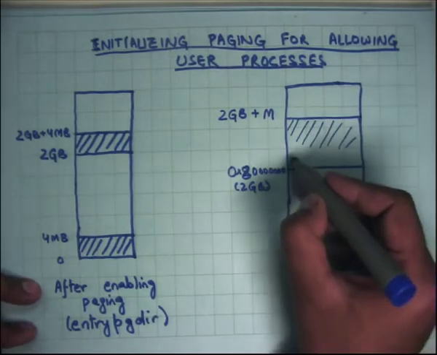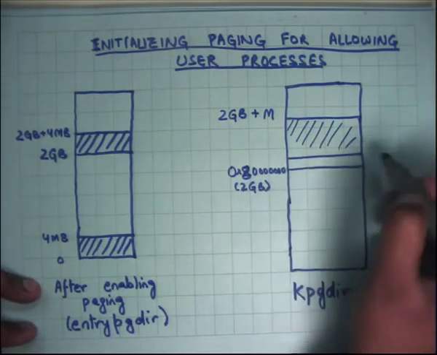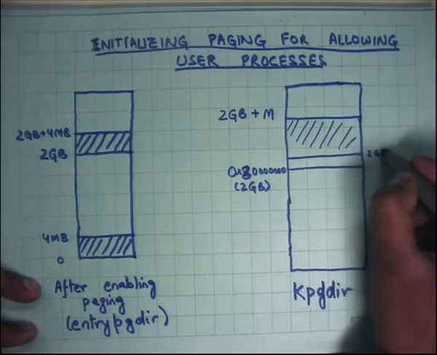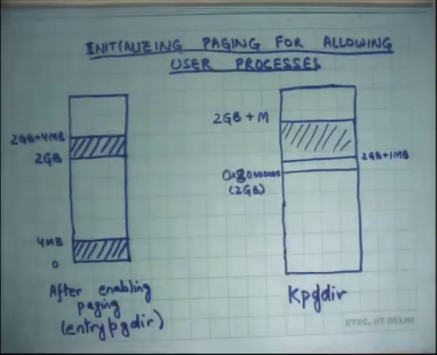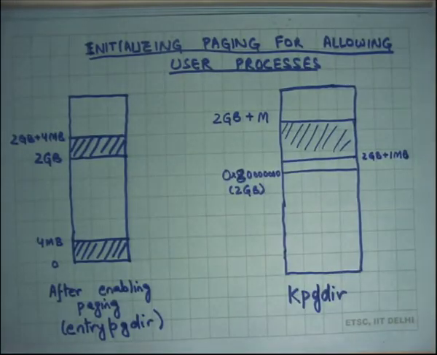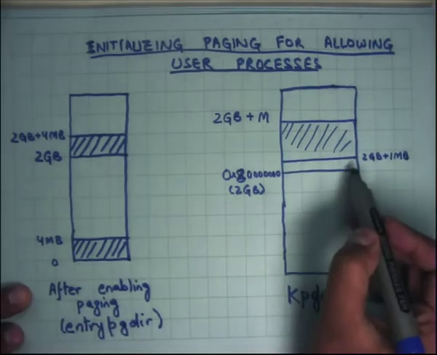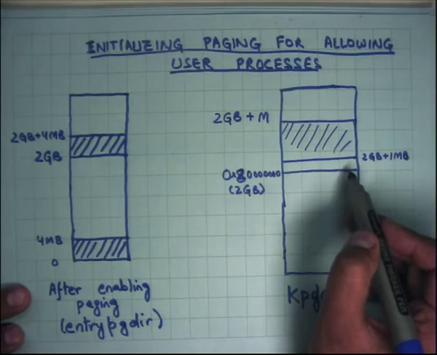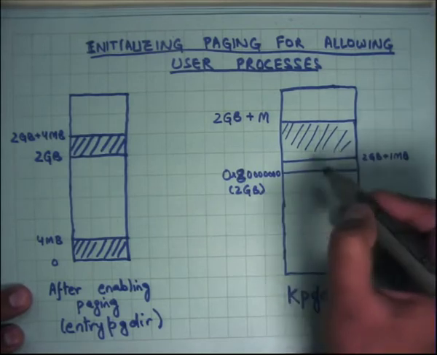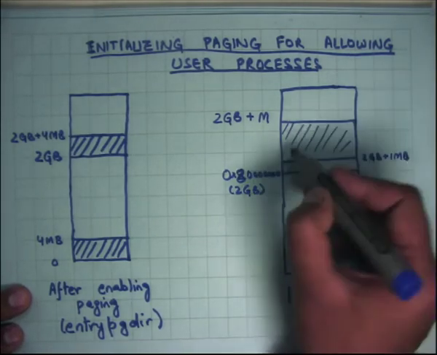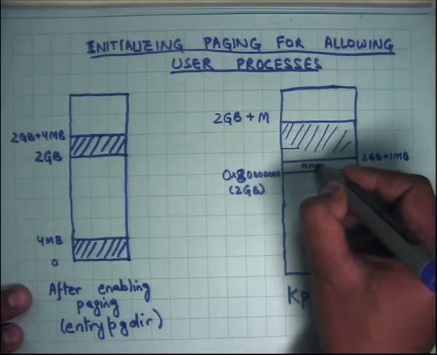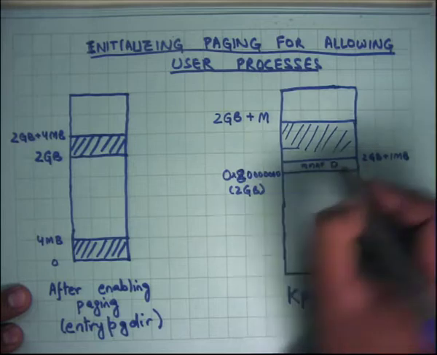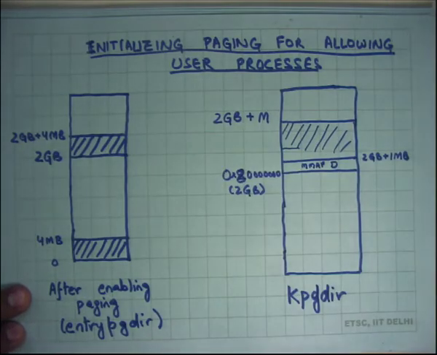Also recall that the first 1 MB was reserved for memory map devices. The first 1 MB of physical memory address space is actually not memory, it's console and other things. So even that gets mapped, but that's just reserved for the memory map devices. Also recall that I loaded the kernel at 1 MB, so let's say mmapd, memory map devices.